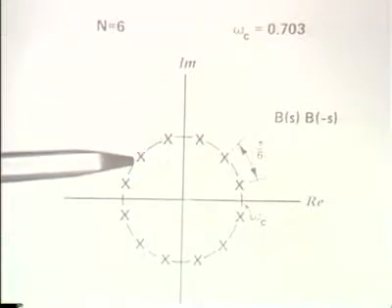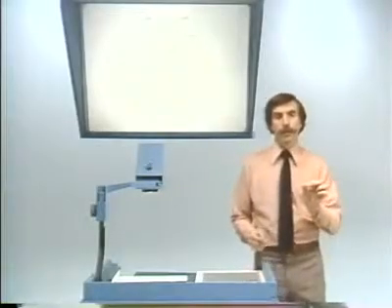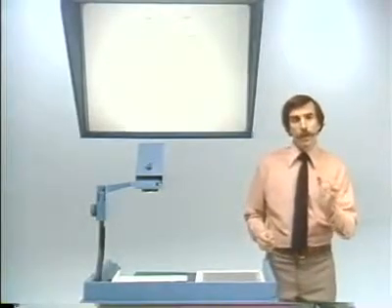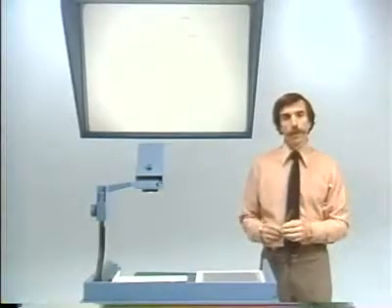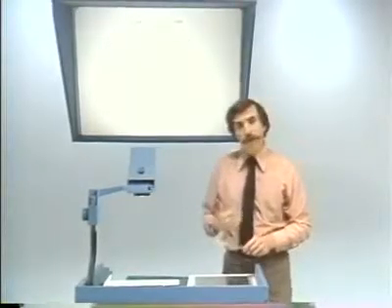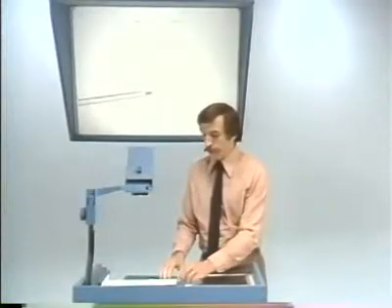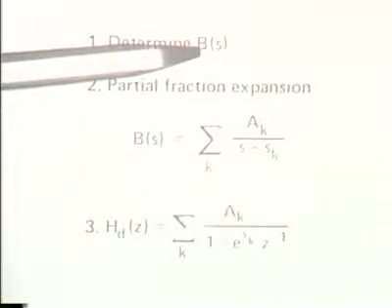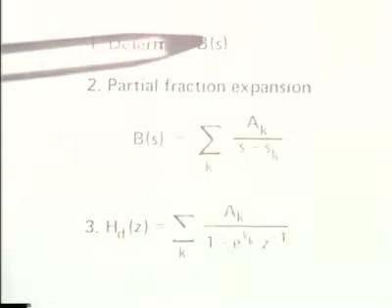Now, what that gives us is a Butterworth continuous time filter, which we are then mapping through impulse invariance with capital T equal to 1 to a discrete time filter. That discrete time filter is to be used in a system which has an associated sampling frequency of 10 kilohertz. So to get the discrete time filter, we first determine B of S, as we just did, or at least I indicated how to do it.